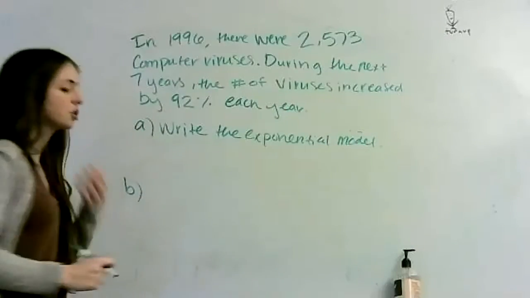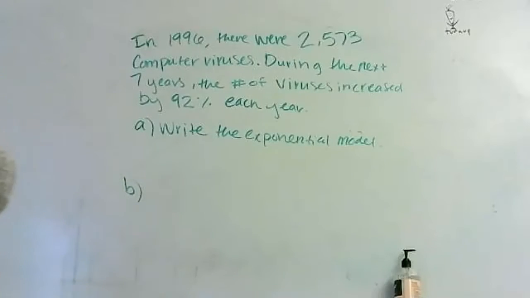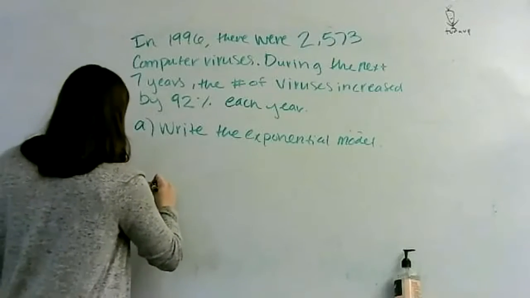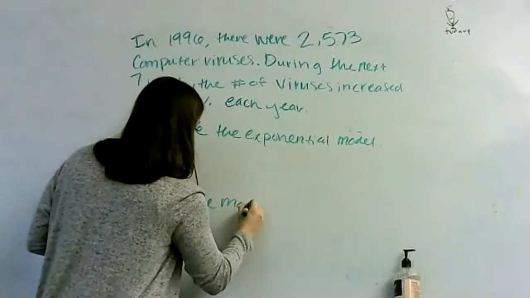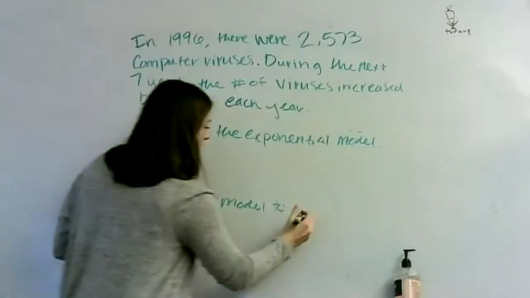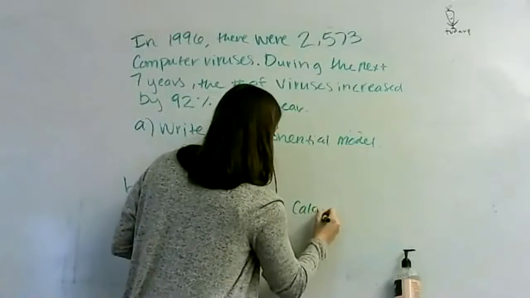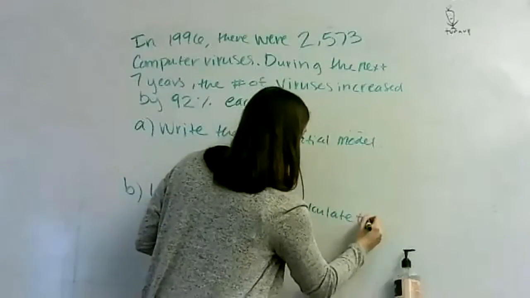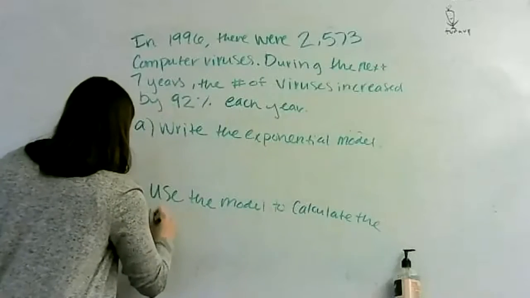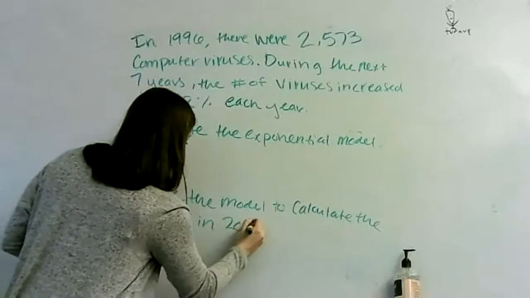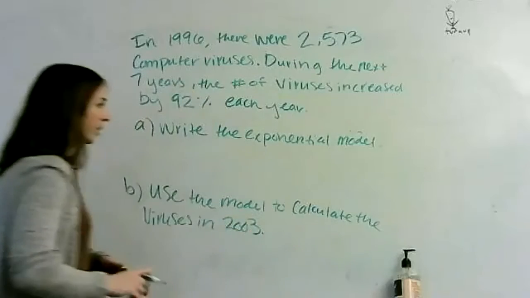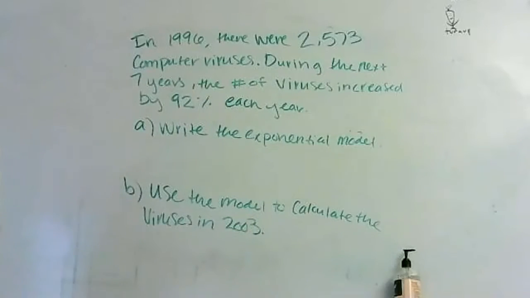Then I want us to use this exponential model in order to predict how many viruses occurred in 2003. All right, I'll give you another couple minutes to get that all written down.